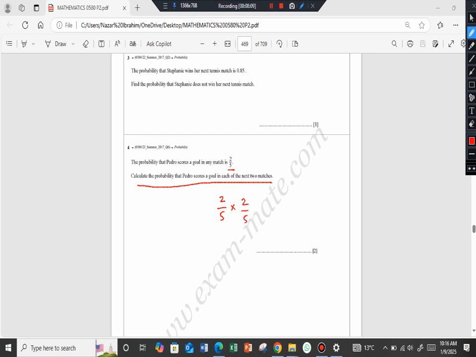It means Pedro should score in the next match as well. So 2 upon 5 times 2 upon 5 is 4 upon 25. Is it clear? Okay, let's move further.